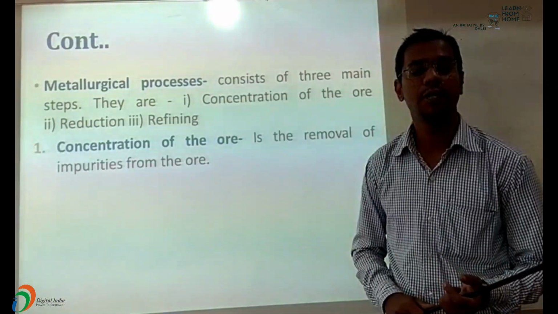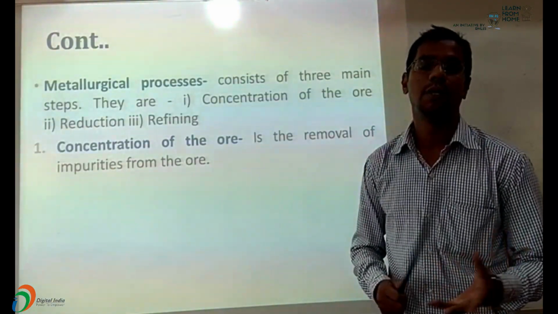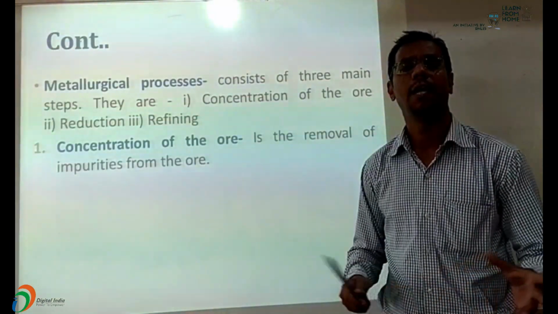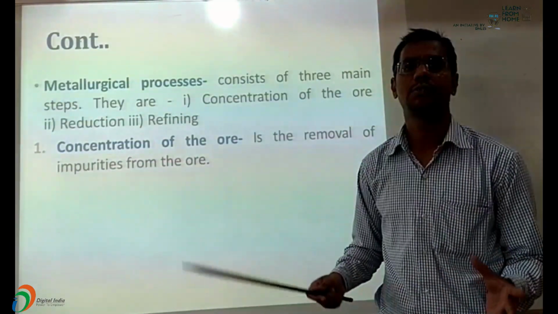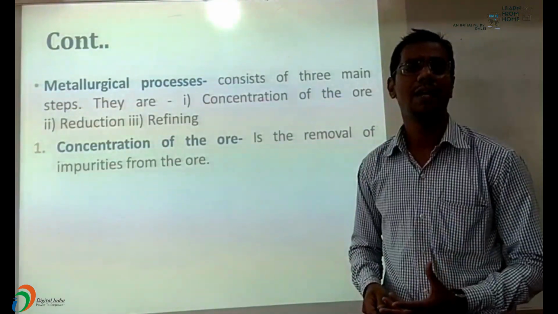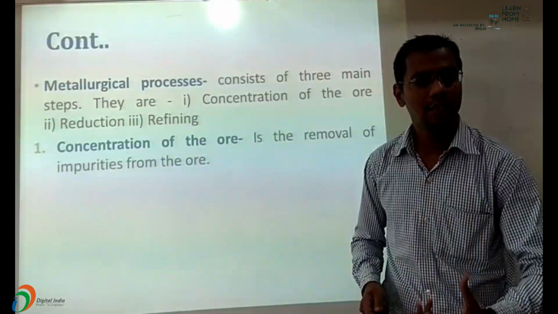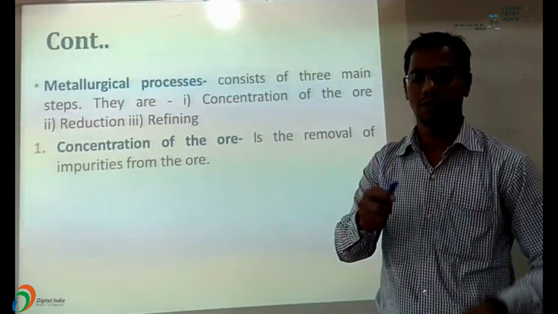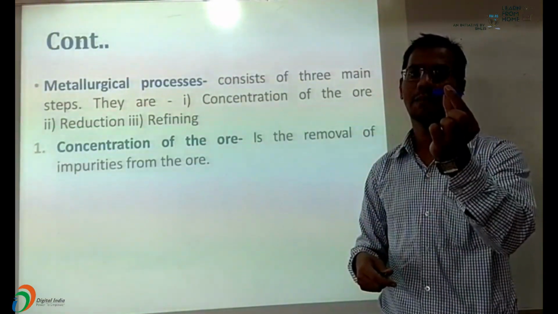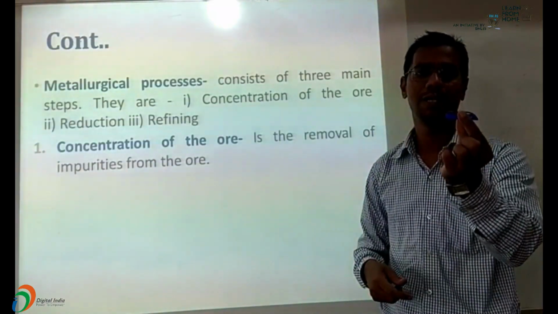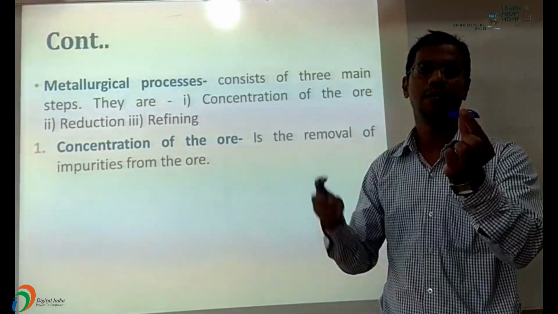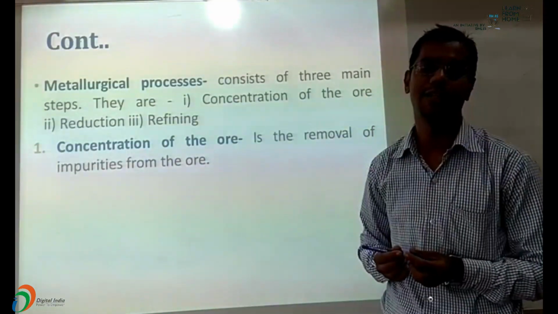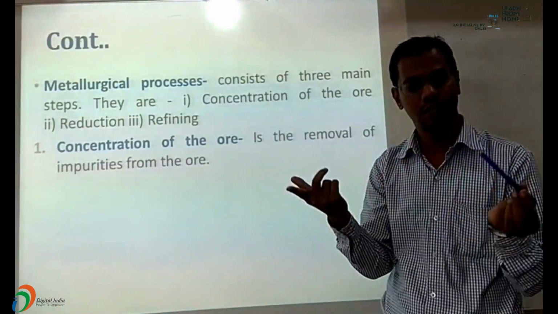What kind of impurities may be present? Impurity may be sand, soil, or any kind of substance which is not desirable in the main substance. Already we discussed: suppose I am interested in this one. This is a metal. I want this one. But along with it, different components get attached. This is called the impurity.